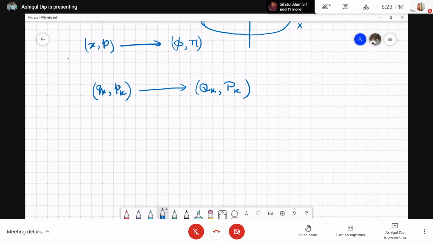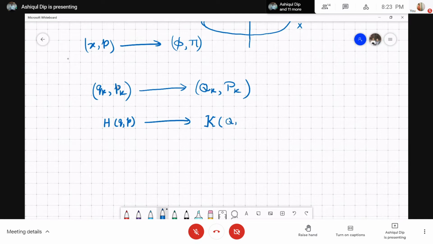So say your old Hamiltonian that was dependent on Q's and P's becomes a new Hamiltonian, usually known as K. Mathematicians call it Hamiltonian too, but it's basically the transformed Hamiltonian, the better way to say it.